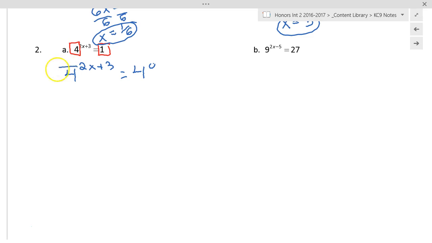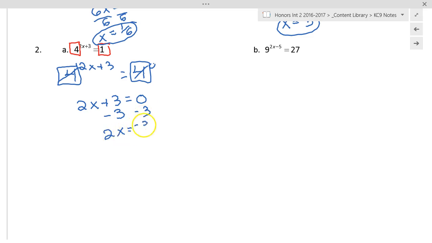So now I have my 4s, those same bases, and they are going to cancel out. I am left with 2x plus 3 equals 0. Just solving for x, I'm subtracting 3 from both sides. I get 2x equals negative 3. Dividing both sides by 2, x equals negative 3/2.